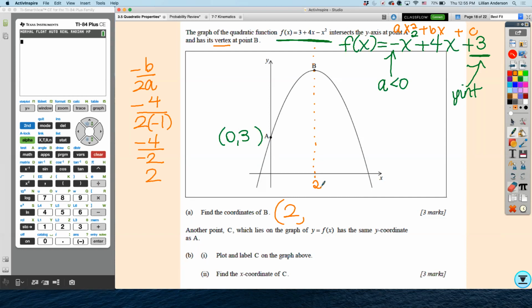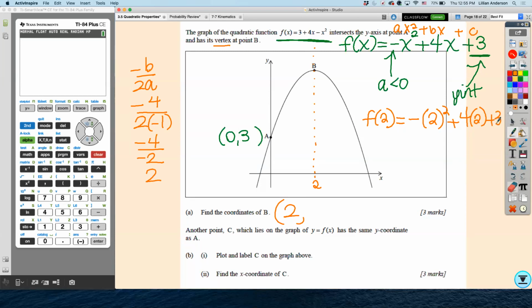Okay? How do I find the Y coordinate of my vertex? You plug 2 into the formula. Into the original. I plug 2 into the original for X. Okay? So I'm actually going to do F of 2. So I have a negative X squared plus 4X plus 3.